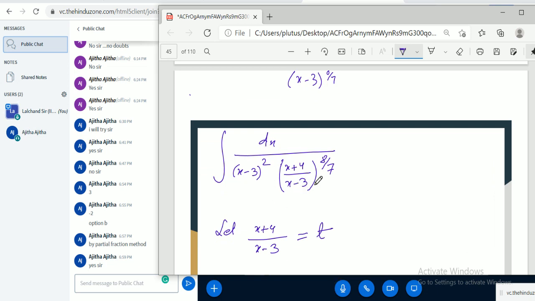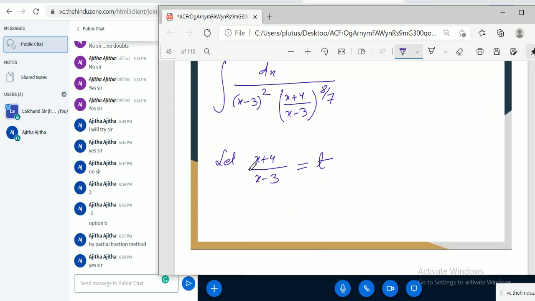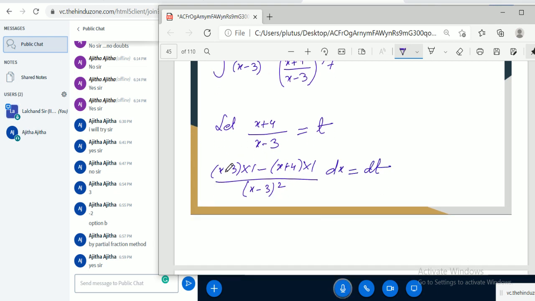I think this will work, because if we differentiate this equation, we will get a whole square. So the differentiation of this will be over (x minus 3) square. Differentiation of this will be 1 minus, this is as it is, and differentiation of this is 1, into dx is equal to dt.